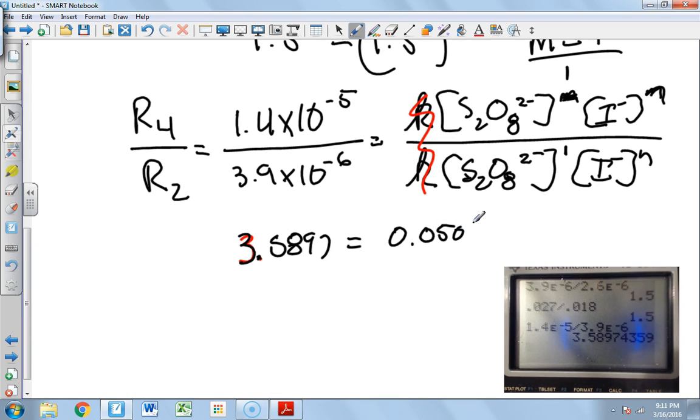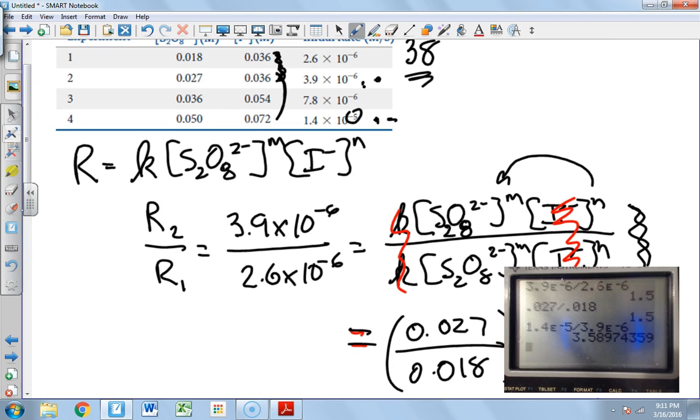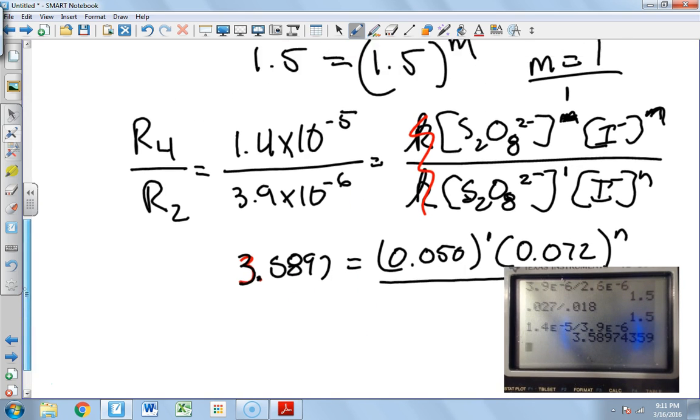0.050 raised to the first power times iodide. Iodide is 0.072. 0.072 raised to the n power. That all over now for experiment 2.